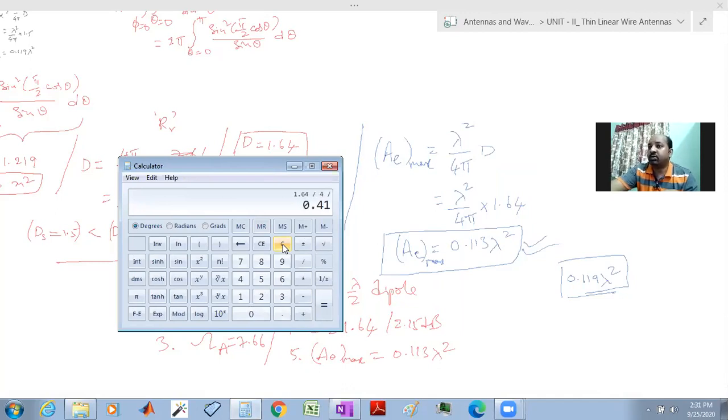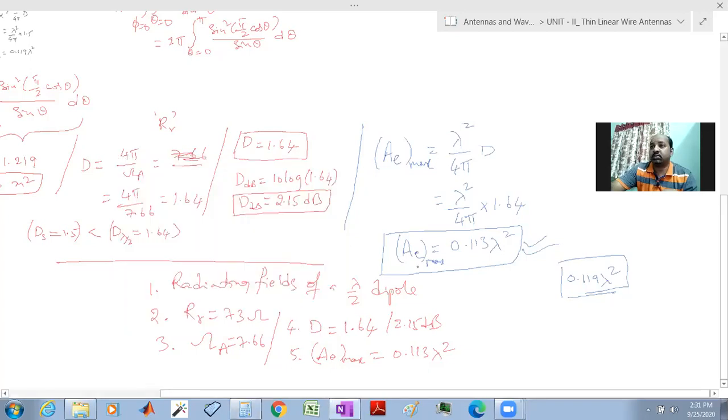Four into 5, multiplied with 1.64, so 0.13.